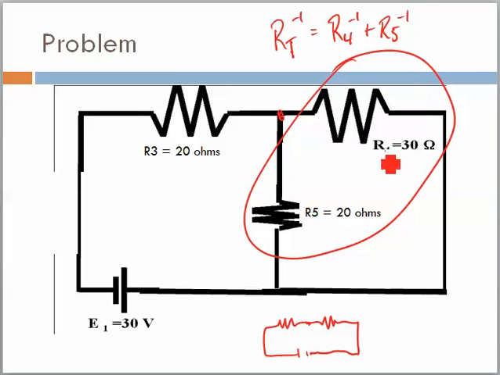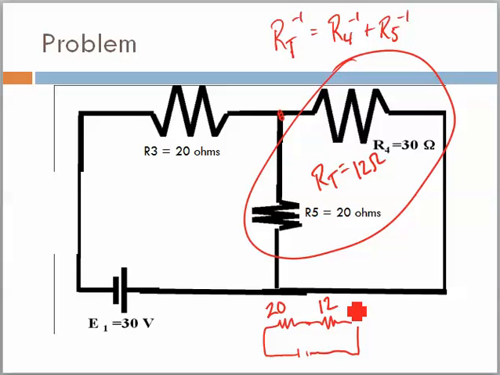And when we do that, we find that RT for these two turns out to be 12 ohms. So what that means is we can replace these two resistors with a 12 ohm resistor. So what that gives us now is a 20 and a 12.